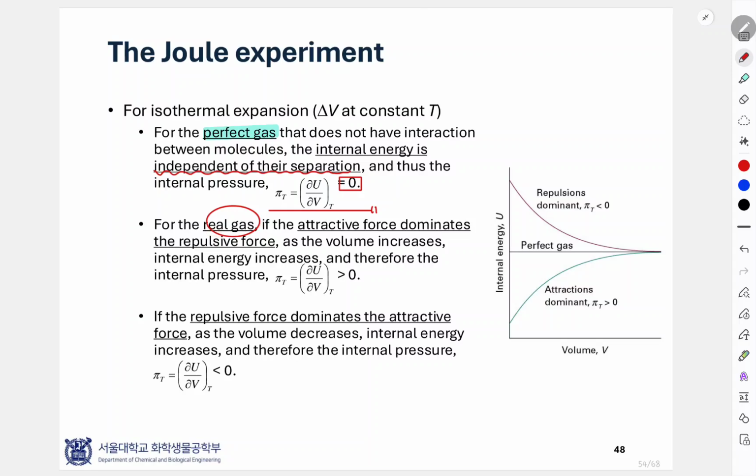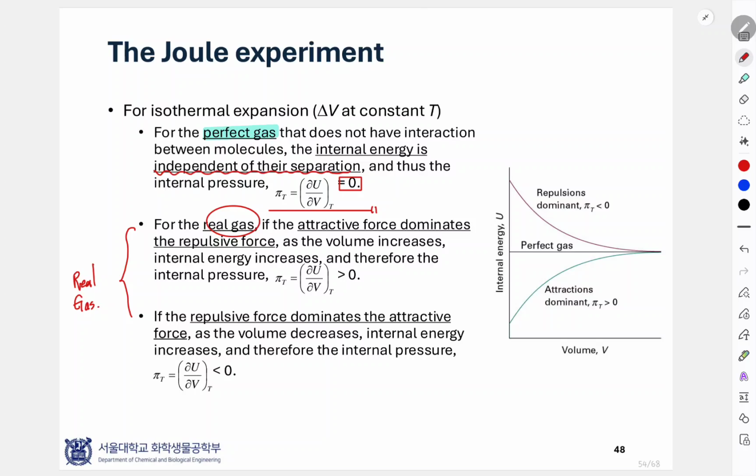So this leads to an increase in the internal energy, because energy must be supplied to separate these molecules, or to overcome the attractive forces. Just imagine gravity. If we want to lift some object, you are going to put in some work or energy to lift this object apart from the earth. So this explains why internal pressure is positive in this case.